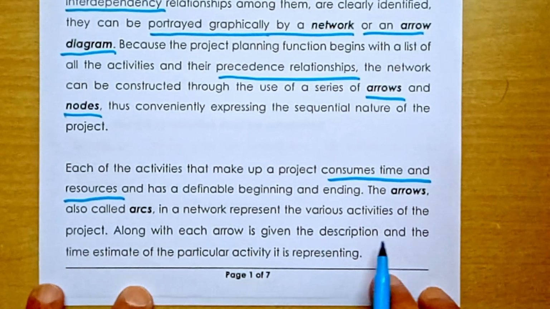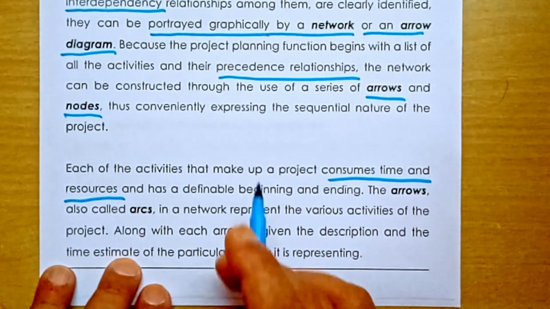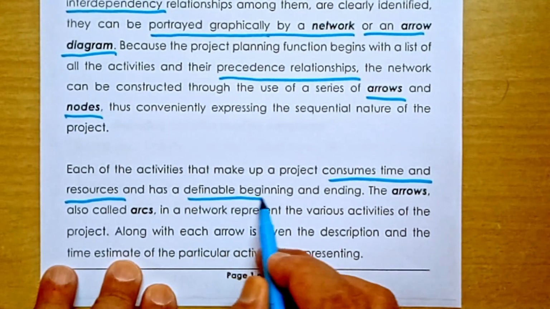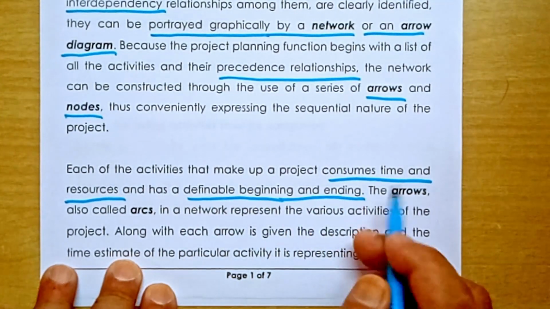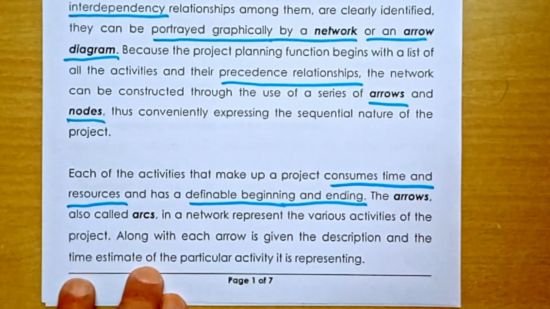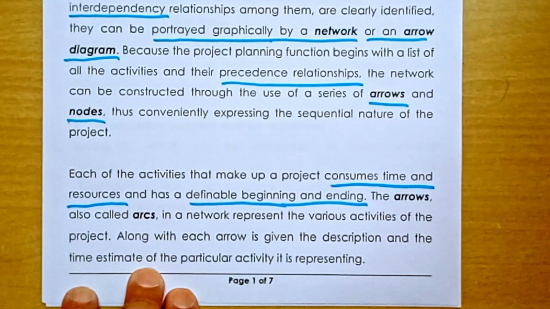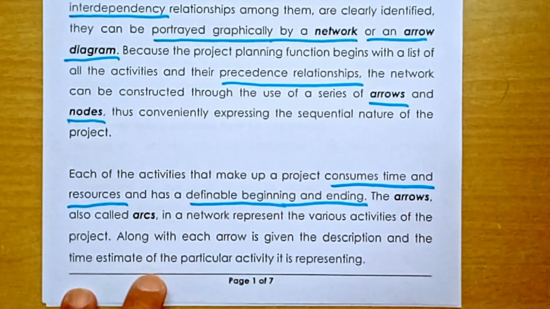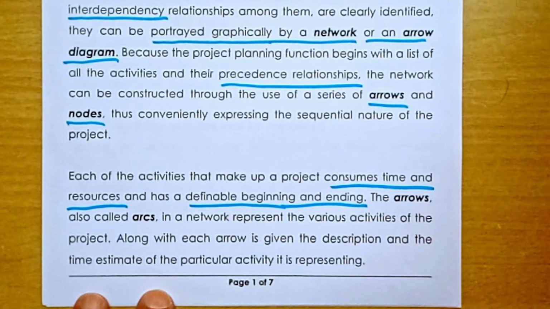Definable beginning and ending. Of course, one project has a definable beginning, when the project will start, and when the project is ending. So you have to show in your network diagram exactly when the project is going to start, and when the project is going to end, going to finish.